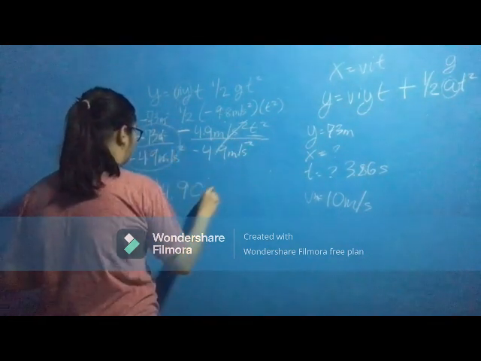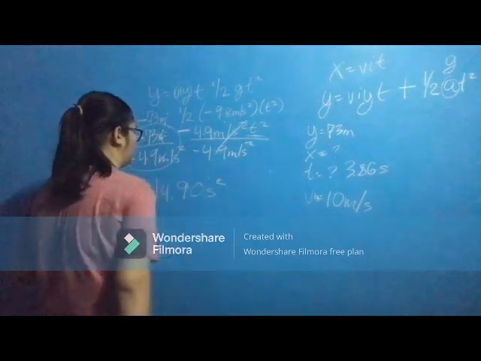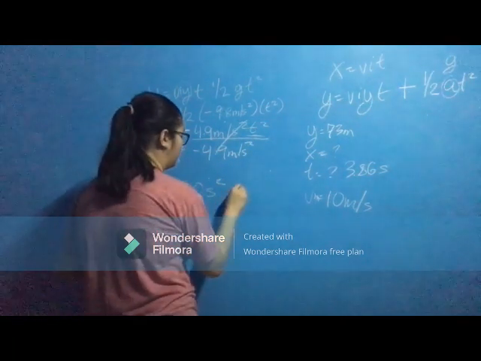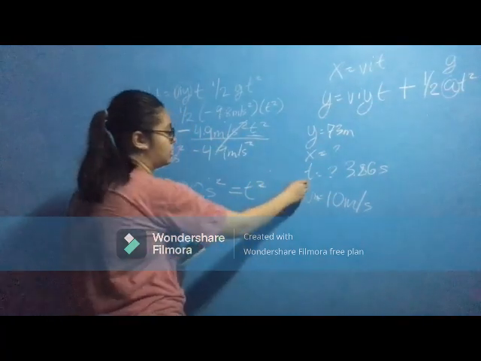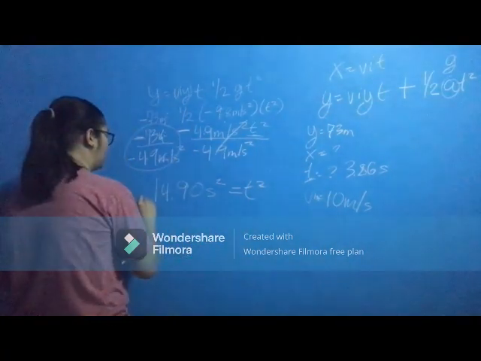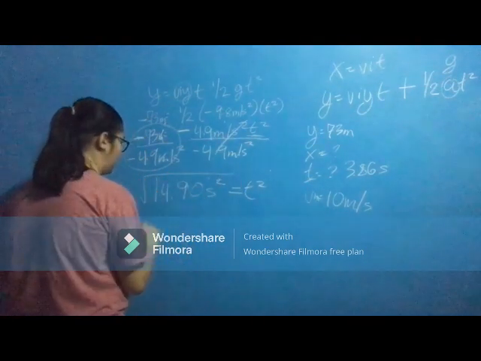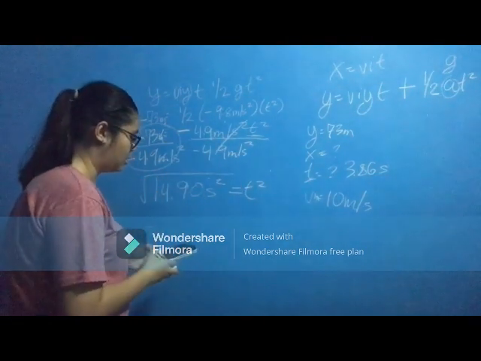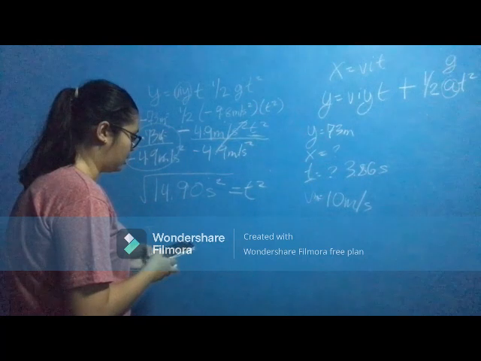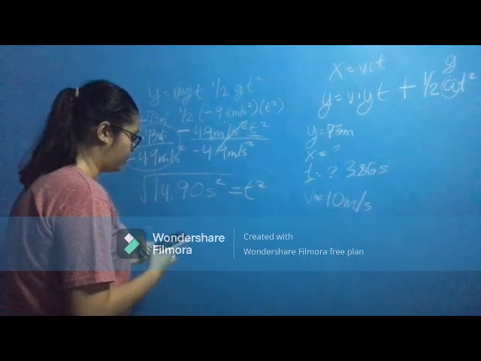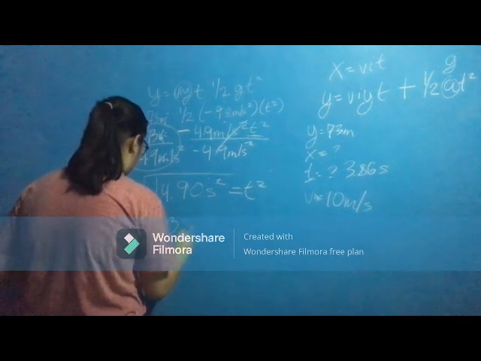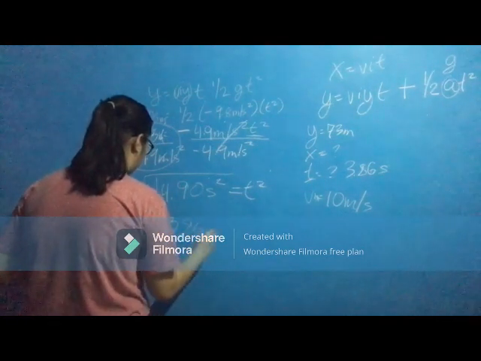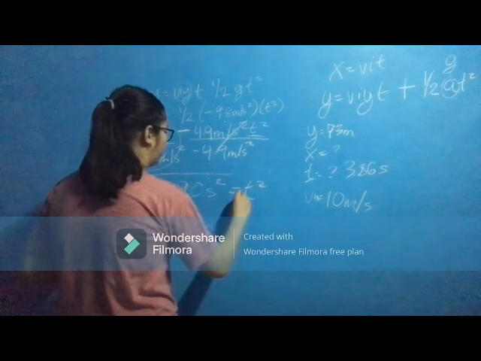Cancel the meters, which is now second squared. Now we want it to be time itself, so let's take the square root, and the answer would be 3.86 seconds.